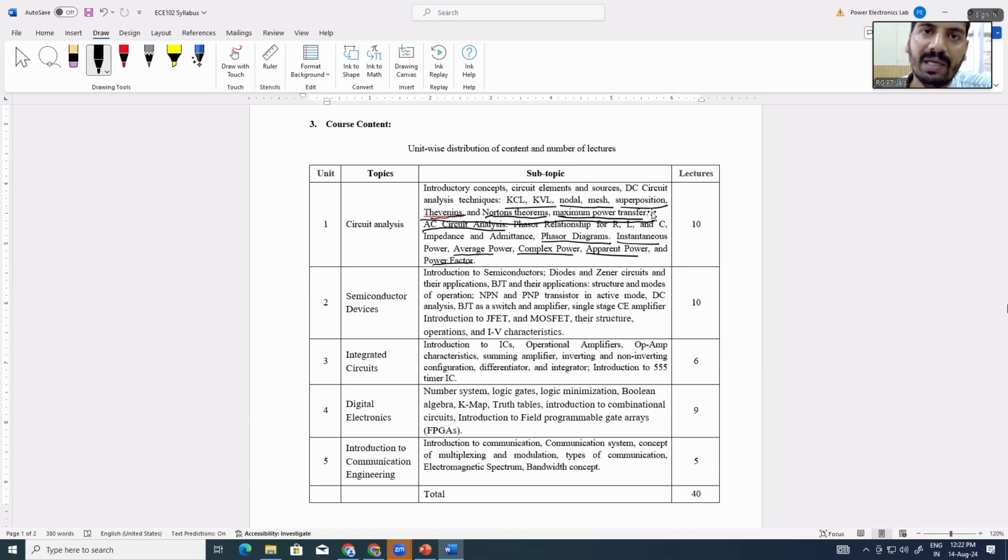Do you know the impedance triangle? Have you studied it earlier? Yes, sir. Okay. So in the impedance triangle, you can see the relationship between R, L, C, and impedance, right?